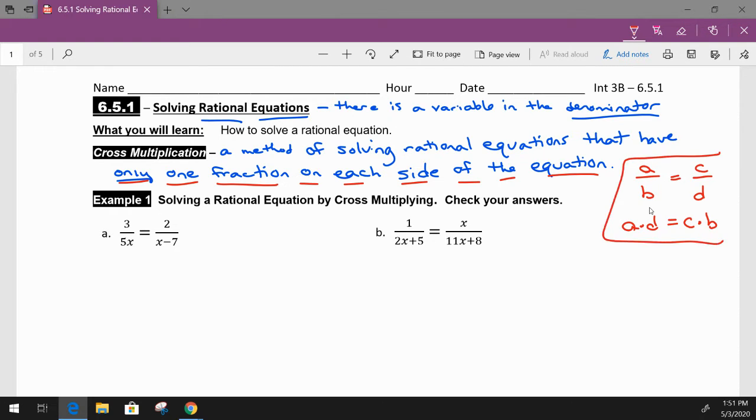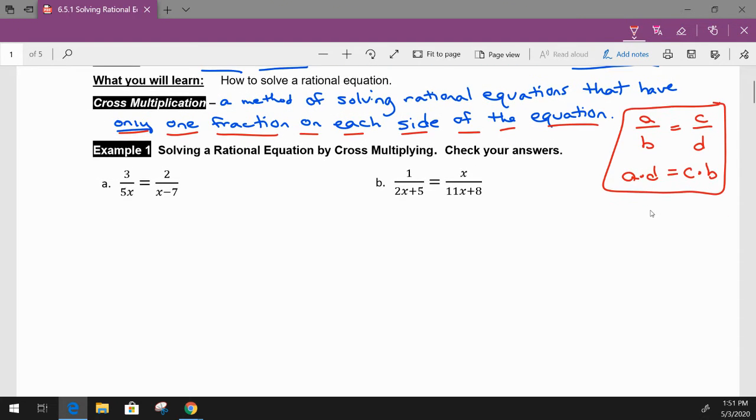And we're going to come back to this in a little bit and explain why that actually works. But for right now, we're just going to apply it.